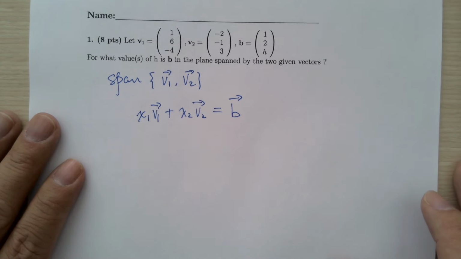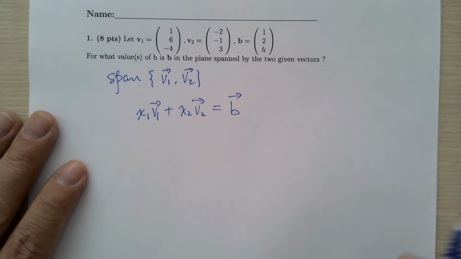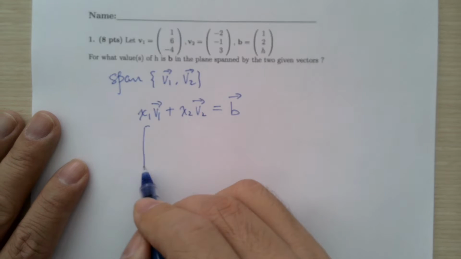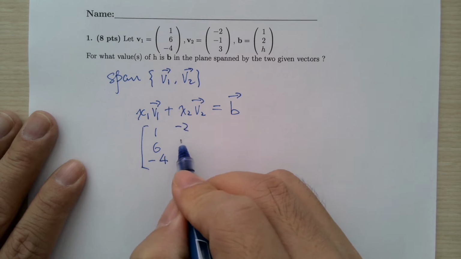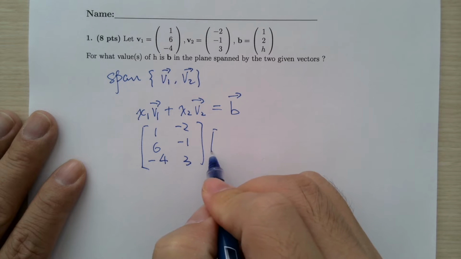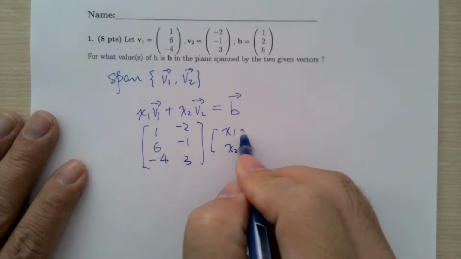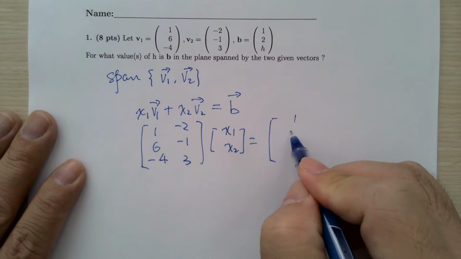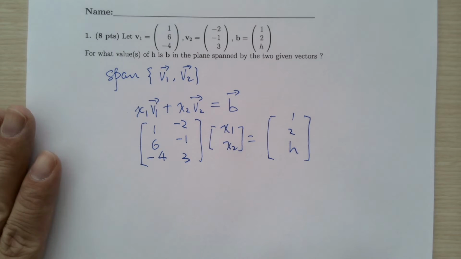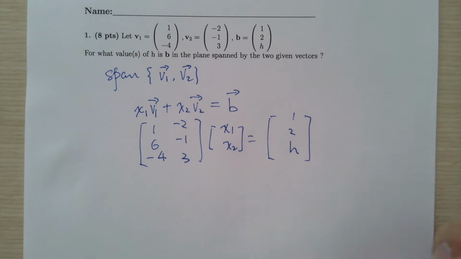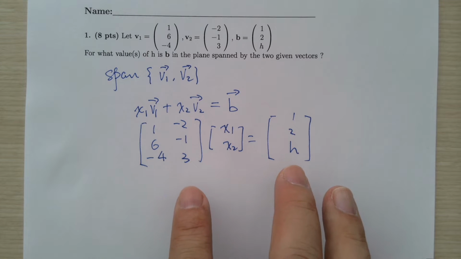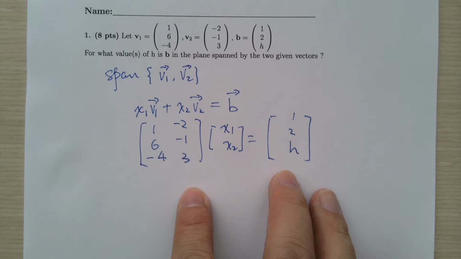This is a vector equation, and we can, of course, write it as a matrix equation with columns 1, 6, -4, -2, -1, 3, right? We're looking for which value of h will make this matrix equation consistent.